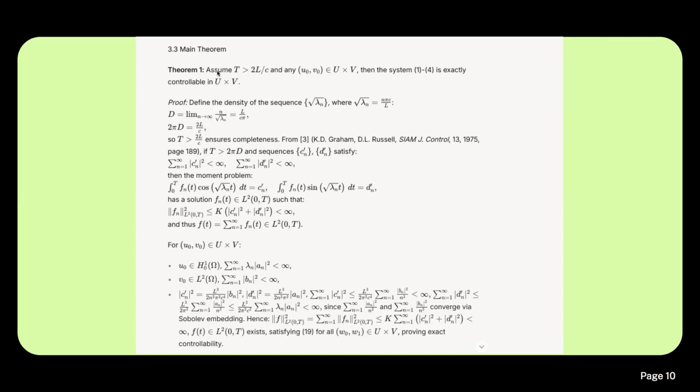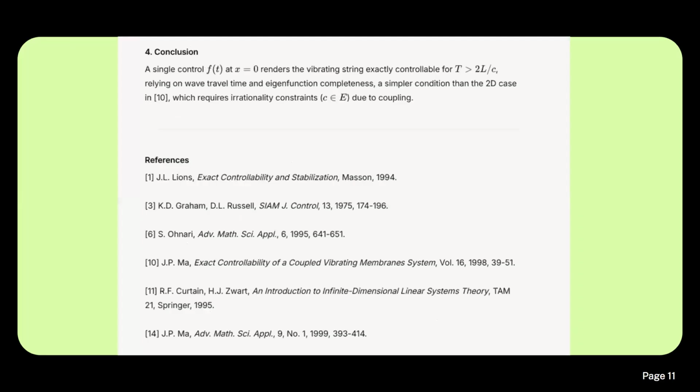Okay, this is our final result, theorem 1. So it's quite simple. Comparing with the 2D part, the 2D part needed a special set to find the F(t), so the 1D part is straightforward. That's why we use the moment problem to construct the F(t).